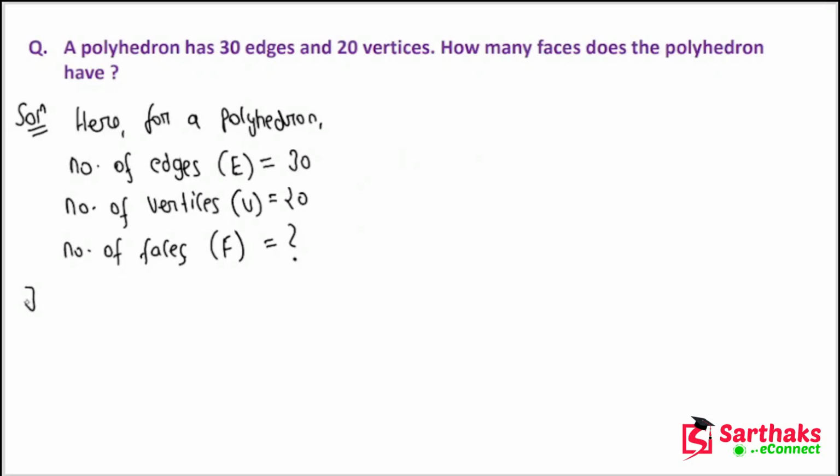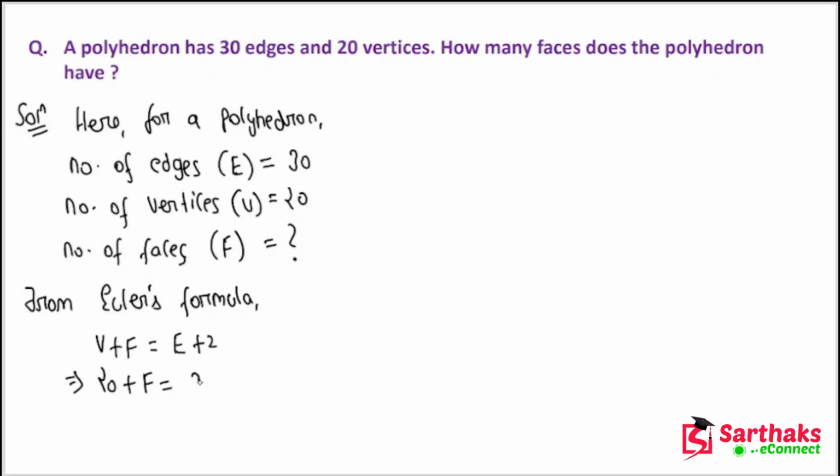Okay, so we can write from Euler's formula, what we have V plus F is equals to E plus 2. So if we apply the values in here, we will get V is equals to 20, number of faces we have to find, and E would be 30 and then plus 2.